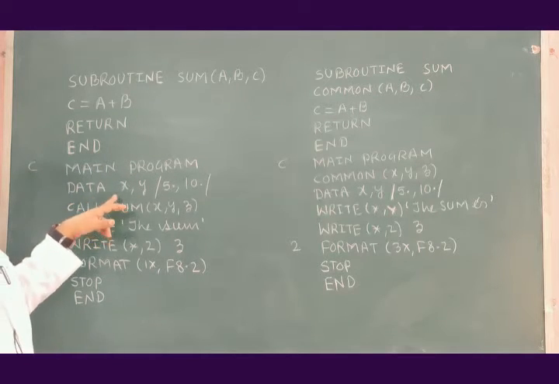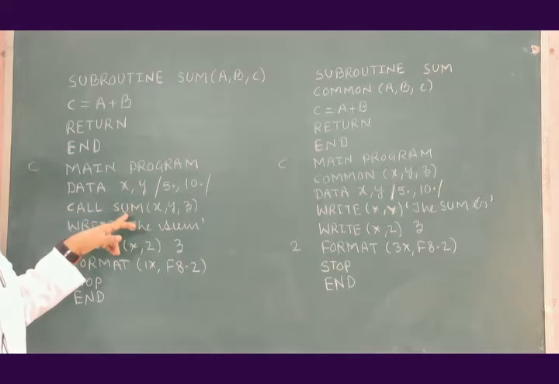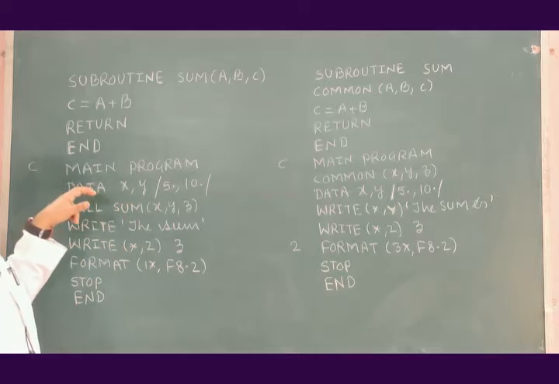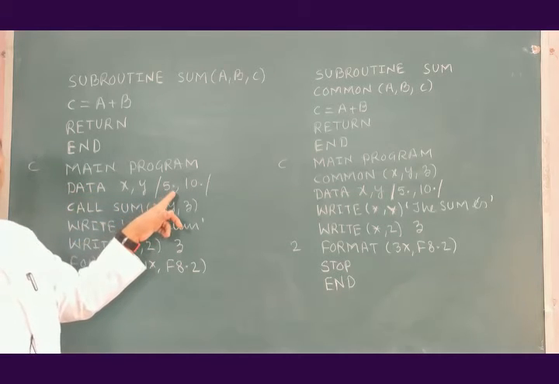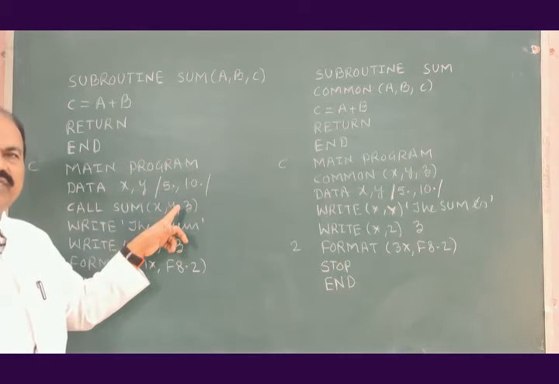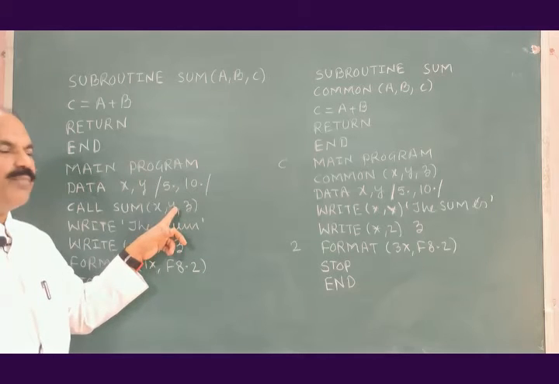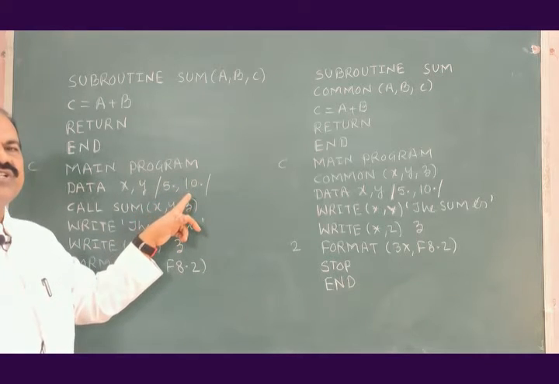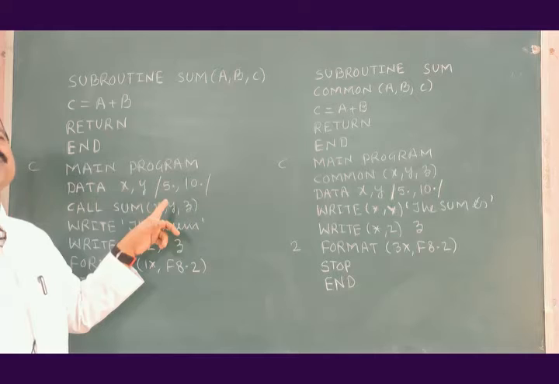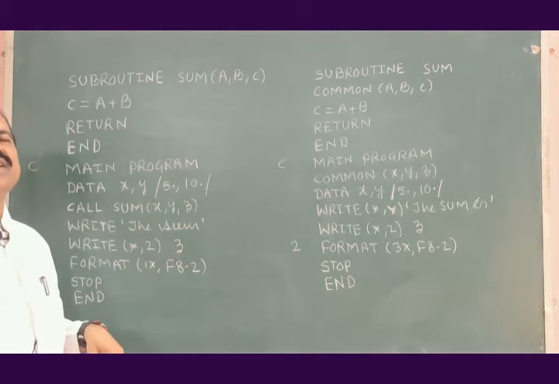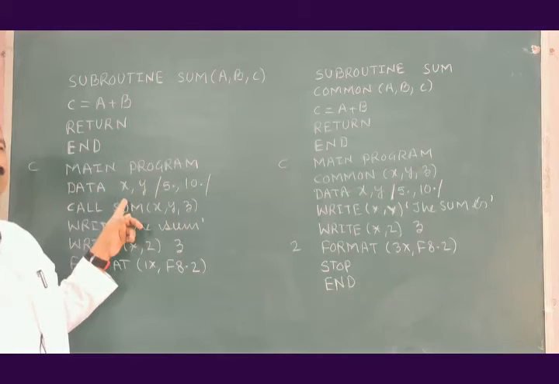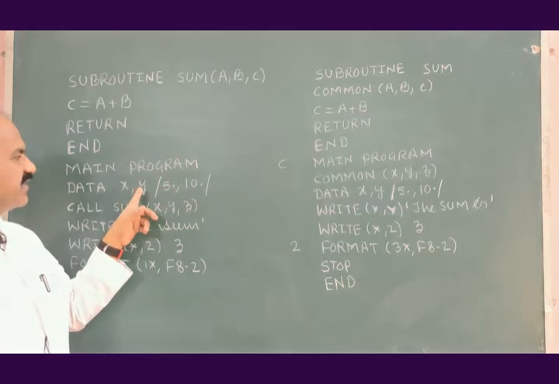Data statement, data x, y. Data is assigned to x and y in the same statement: 5. in real form, 10. in real form. 5 is real data, 10 is real data. 5 is assigned to x, 10 is assigned to y.